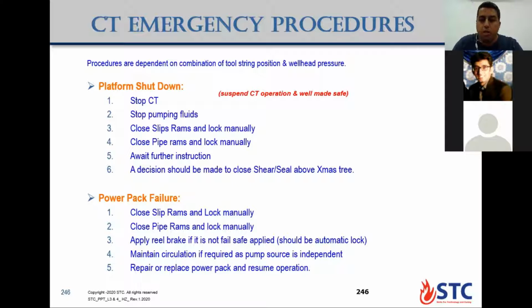Maintain circulation if required, as the pump source is independent, so as not to cause the string to be stuck inside the well, especially if you have a milling or cleanout operation. Number 5, you will take action to repair or replace the power pack with a new one. Then you can resume your operation after you fix the power pack system.